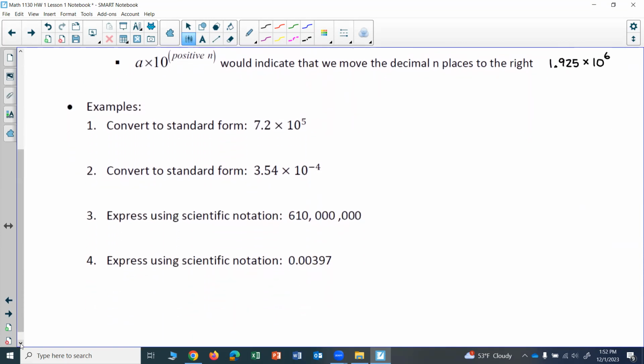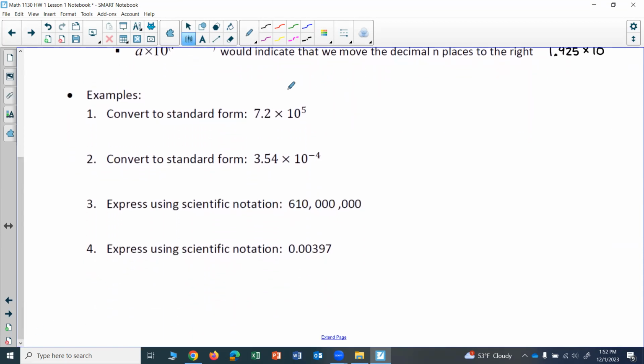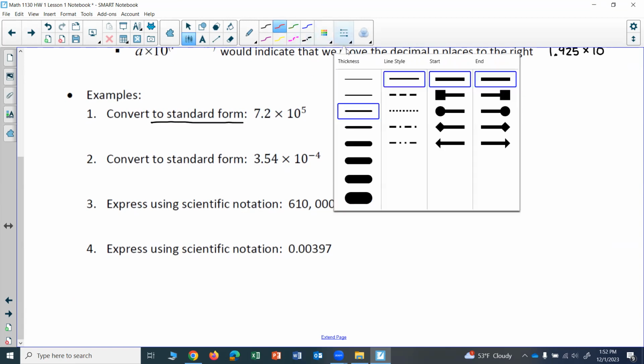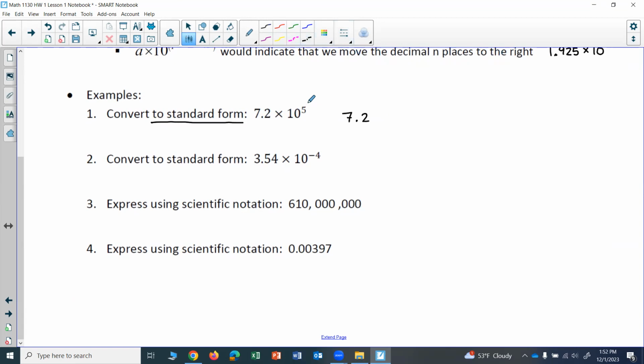We want to convert 7.2 times 10 to the 5th to standard form. So we don't want that times 10 to a power. So what I'll do is I'll write my 7.2, and then the 5th power indicates that I have to move the decimal 5 spots to the right.